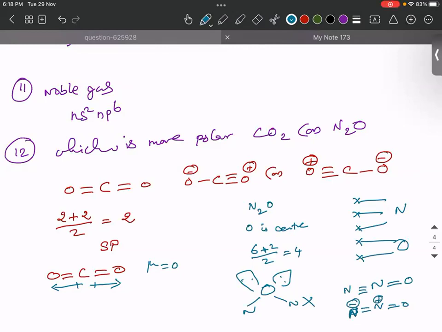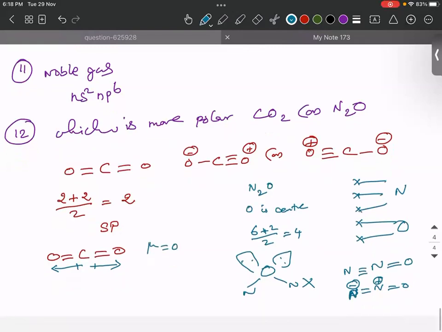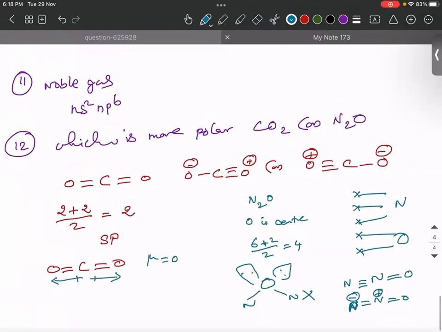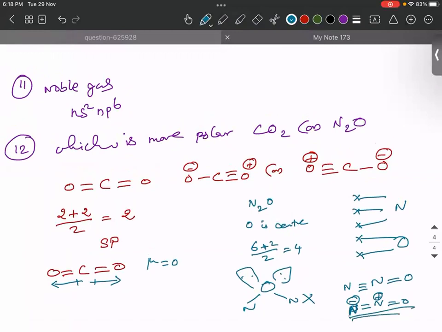They will put it like that. So the structure of N2O becomes like this: on one side nitrogen, on the other side oxygen. So definitely N2O is more polar than CO2. Okay.